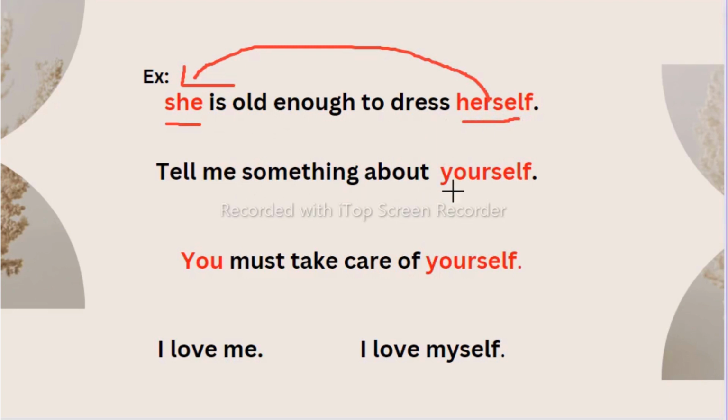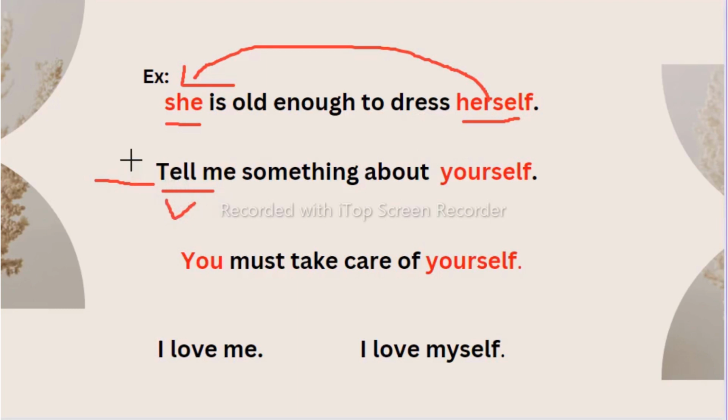Tell me something about yourself. Here, no subject is there to reflect upon. But this is called an imperative sentence, in which the sentence starts directly with the verb. Tell is a verb, and when a sentence starts directly with the verb, it is called an imperative sentence.